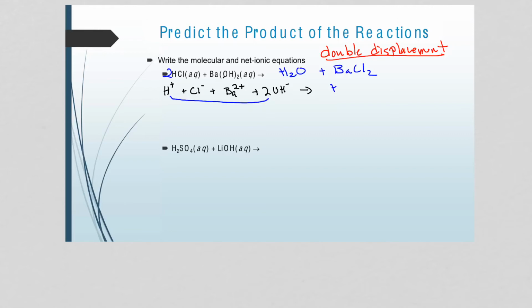Now I can start to balance the hydrogen. I got 2 hydrogens here from the 2 hydroxides. So I need 4 hydrogens. I have 2 over here. So I'm going to need 2 waters. So to give me 4 hydrogens, that gives me 2 oxygens. I have 2 oxygens here from my 2 hydroxides. So now I'm balanced.